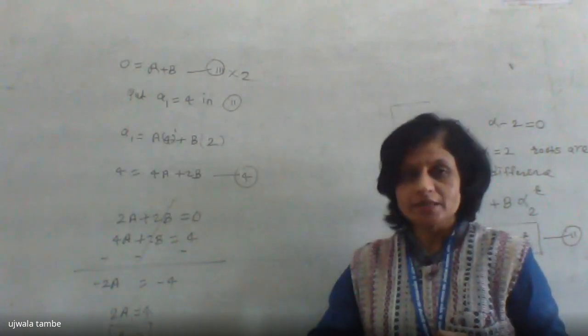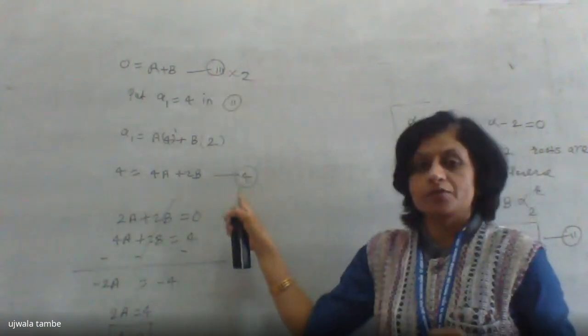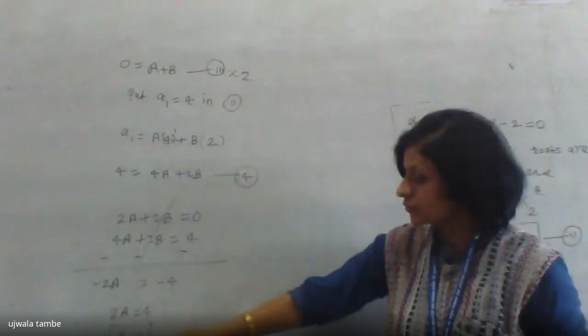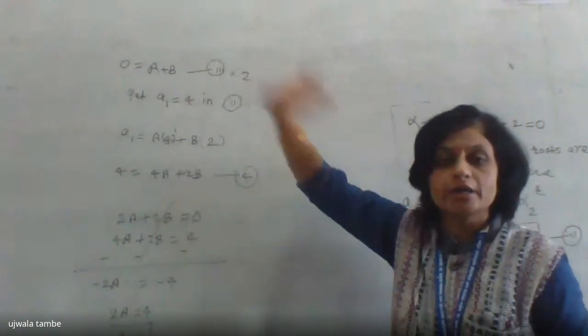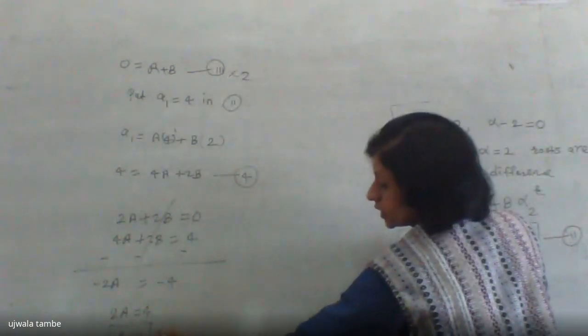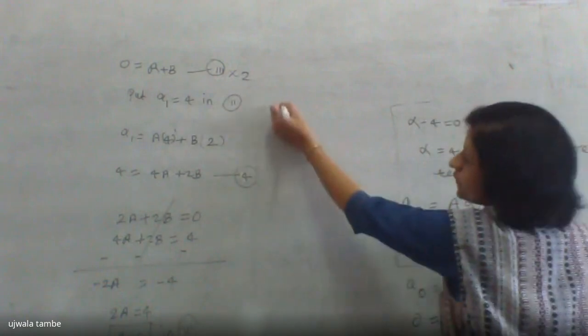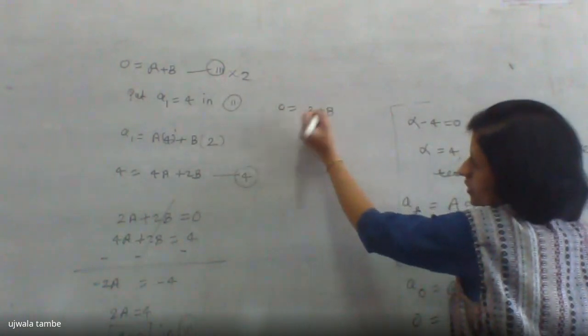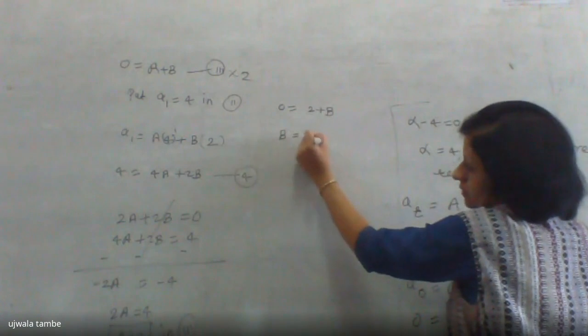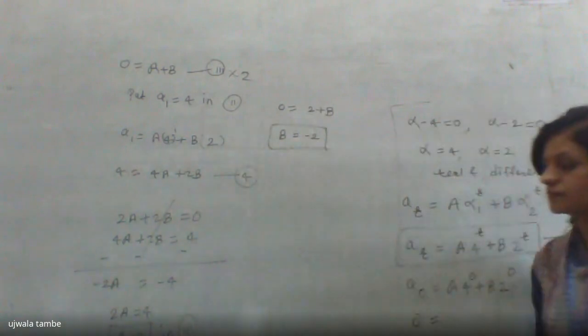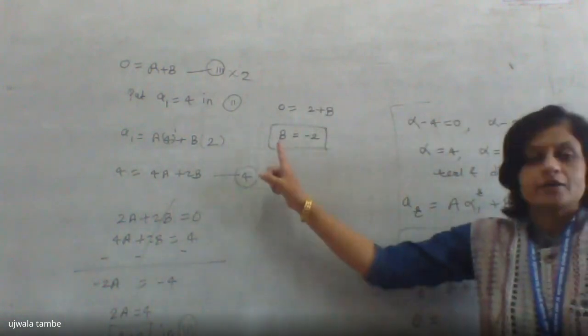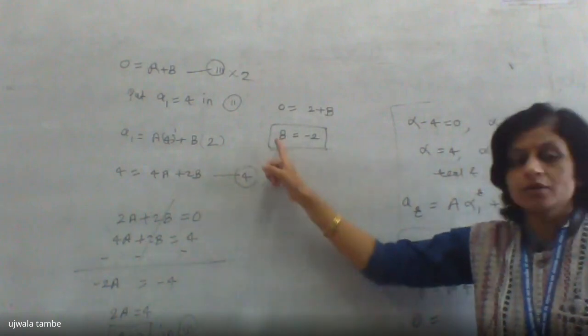Putting the value of a is equal to 2 in any one of the equations, third or fourth, you can put it. Put a is equal to 2 in the third equation. Therefore equation 3 gives 0 is equal to 2 plus b. Therefore the value of b is minus 2. We get the two arbitrary constants a and b.